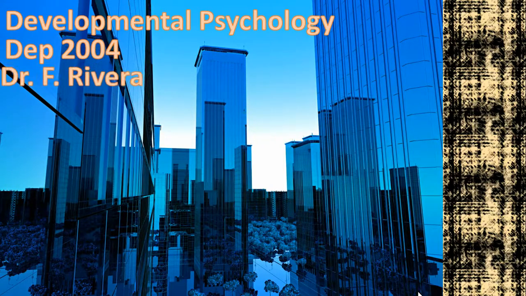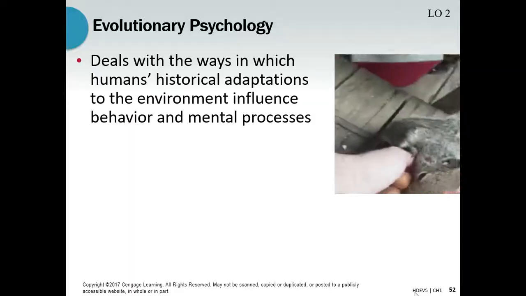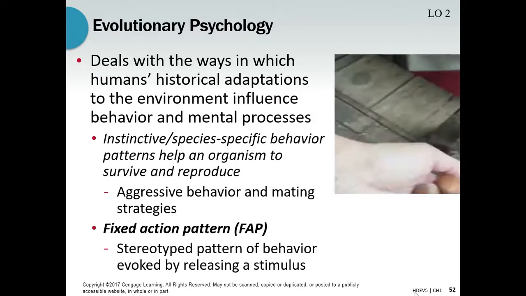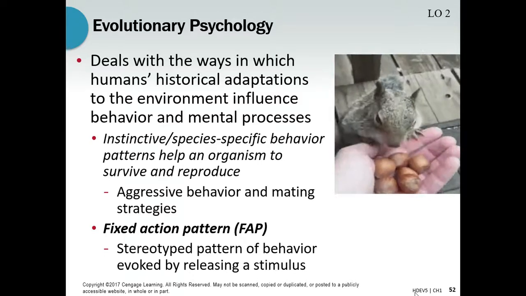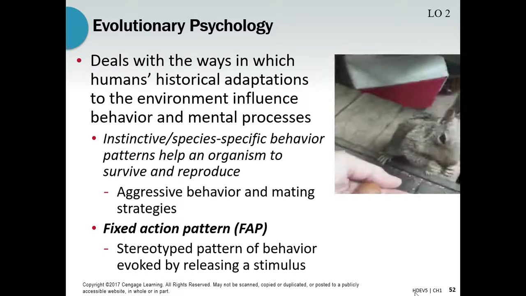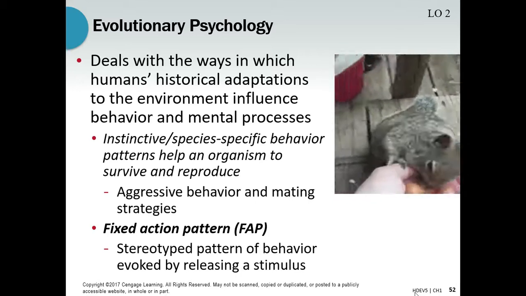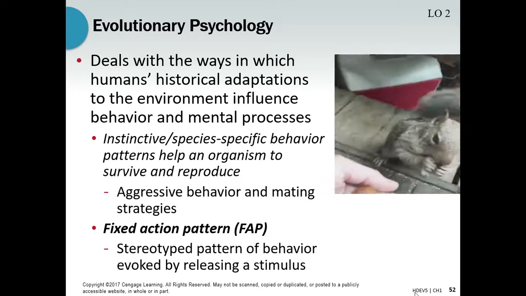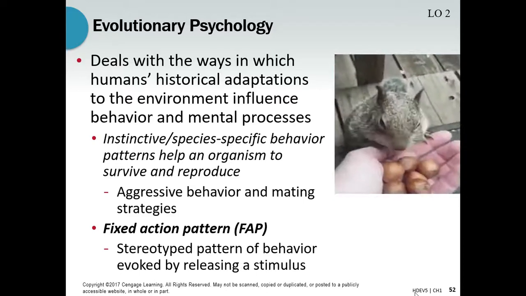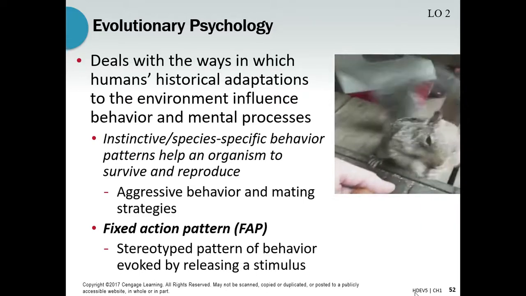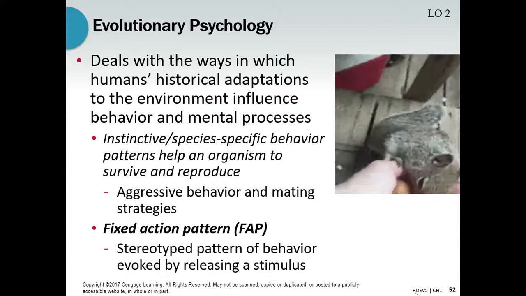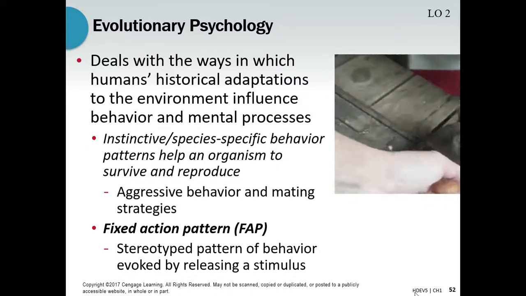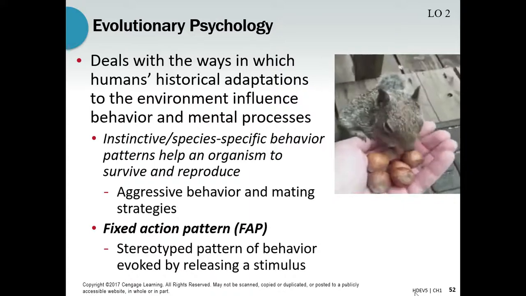I am Dr. Rivera. Now, I want to talk briefly, but I want to give you an extra point that is outside of your book when we talk about evolutionary psychology. Evolutionary psychology focuses on the inherited traits that you have gotten from mom and dad that help you to function and help you to succeed.